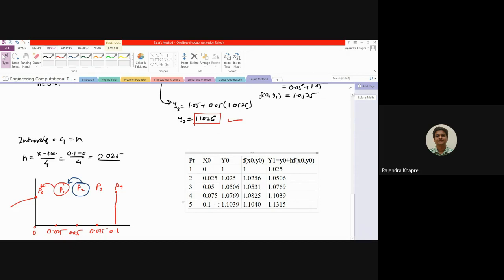This is not 0.01, this is 0.1. I wrote this wrong. Okay, now tell me again. 1.1139. This is the value of slope. And how about this one? 1.1317. Is this correct now? Sure? Is there no problem in this?